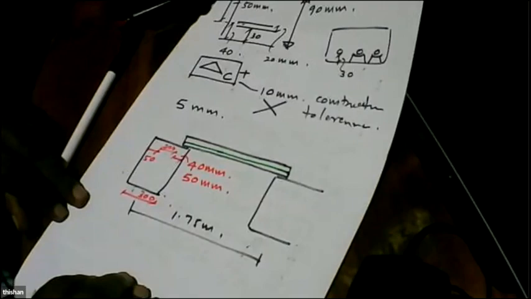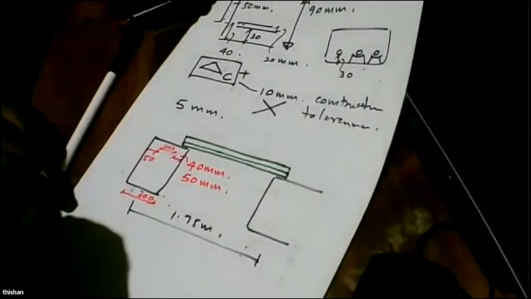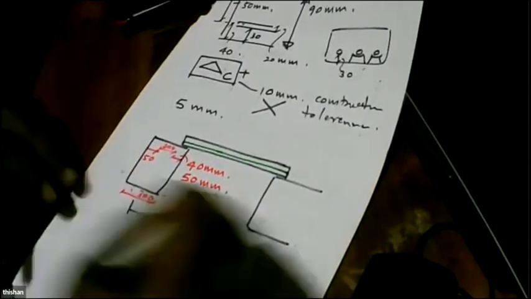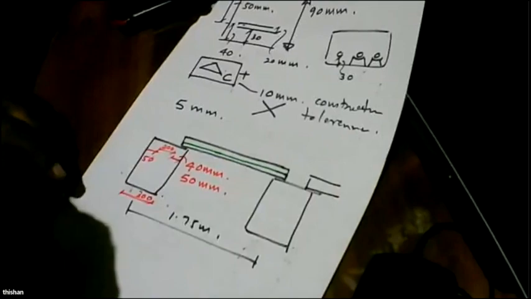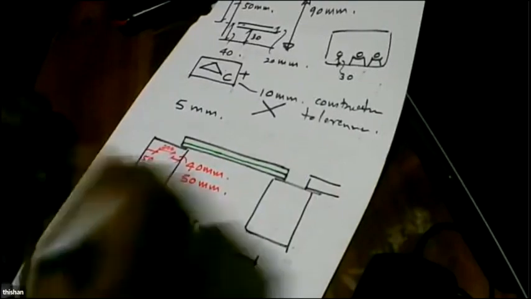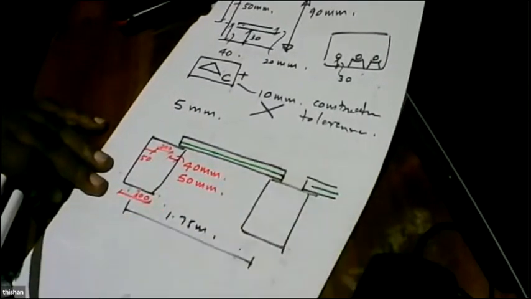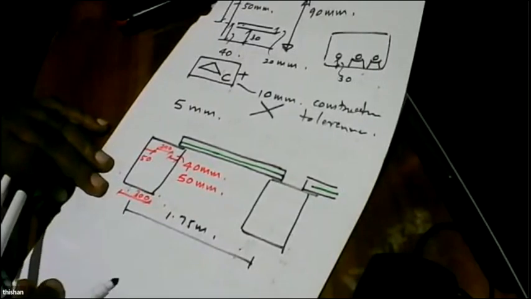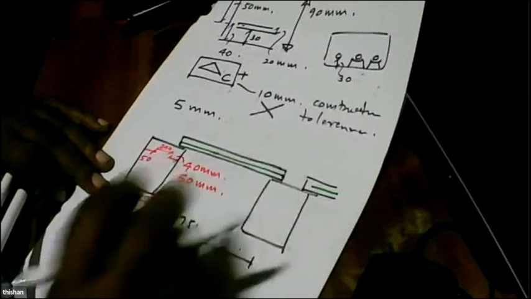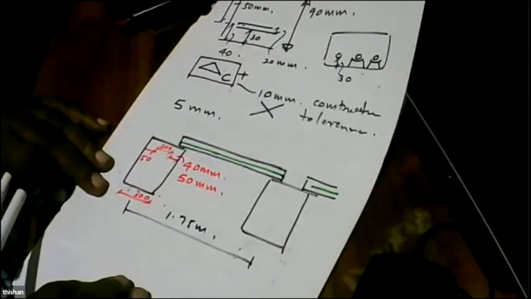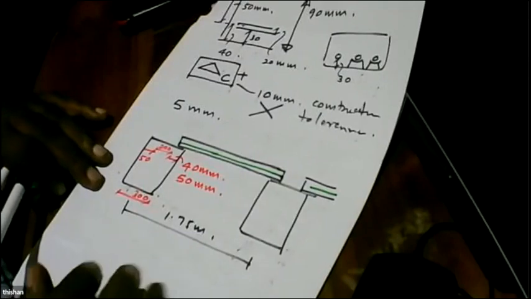So don't have a situation where the reinforcement stops halfway through. These are the details that are important. Don't have a situation like that. That is detrimental, because we are not having the reinforcement continuous over to the beam. So you must make sure the reinforcement is continuous.